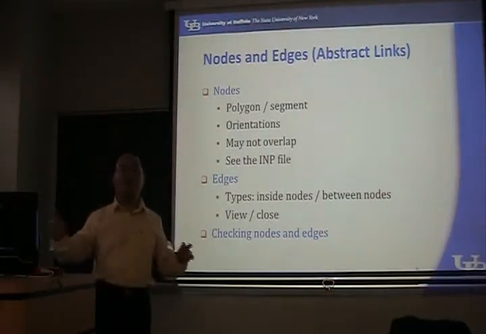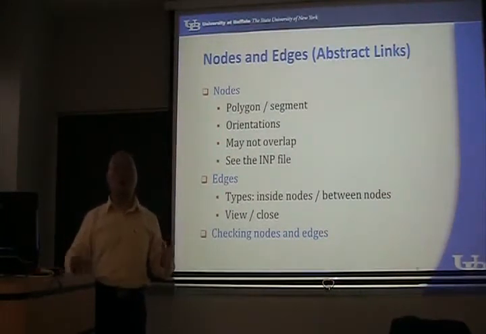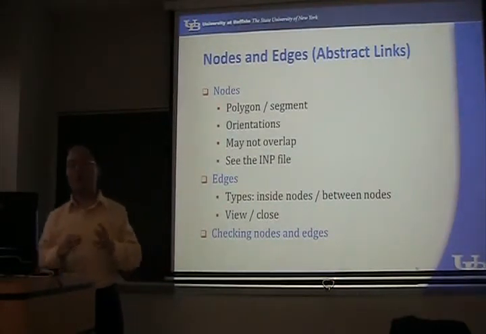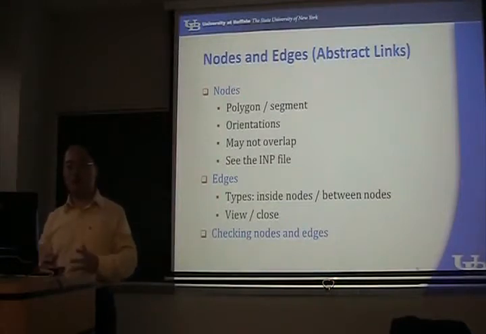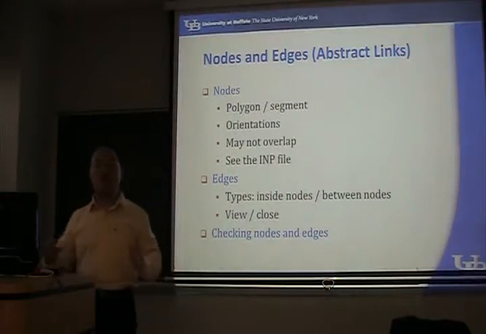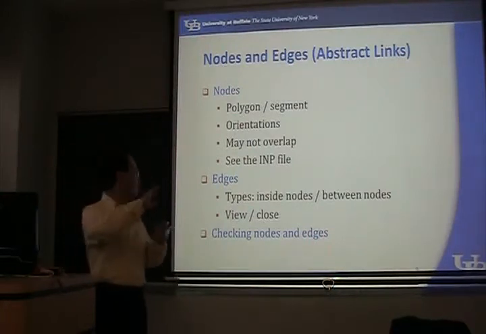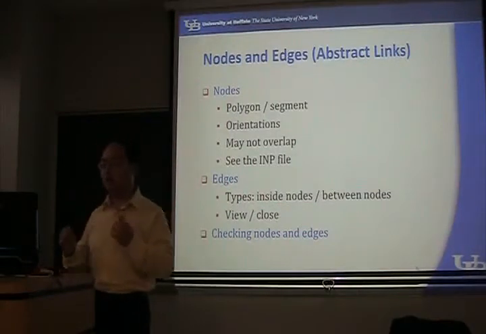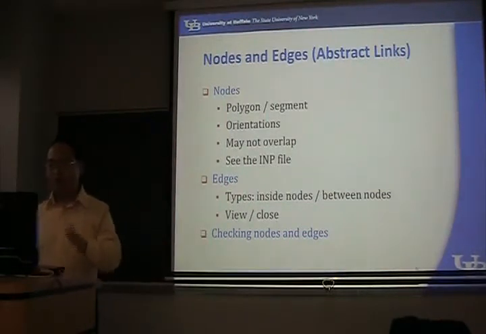Edges are the virtual links that are automatically created by vSim. As long as you created the nodes, vSim will automatically create the edges. And the edges do not consider any traffic, node impedance like turning or any traffic signals. So the abstract network is created by vSim.